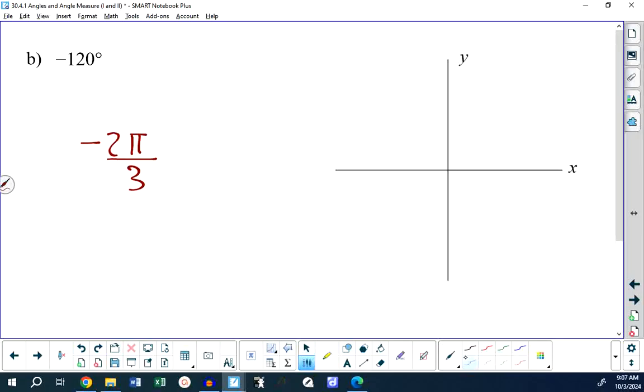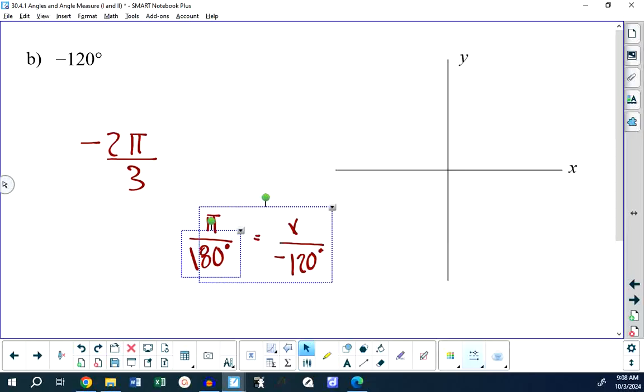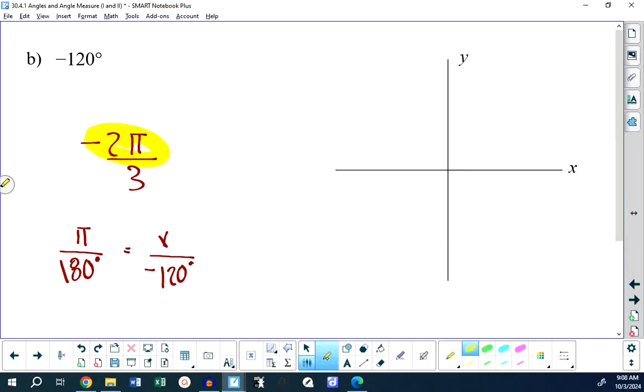If you wanted to, could you set up a ratio? Could you say pi radians over 180 degrees is x radians over negative 120 degrees? Sure. When you cross multiply, you get negative 120 pi over 180. Negative 120 over 180 is negative 2 over 3. When I look at these two angles, you might be different, but I find it easier to think of negative 2 pi over 3.